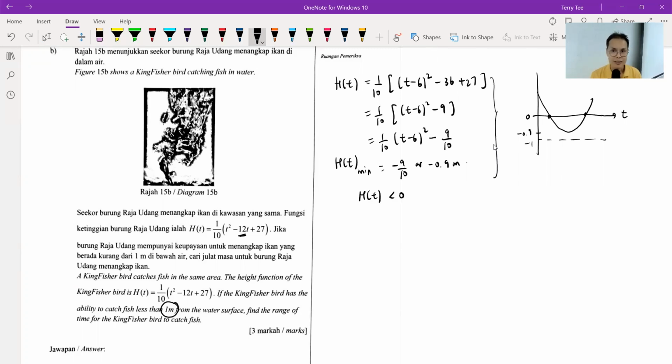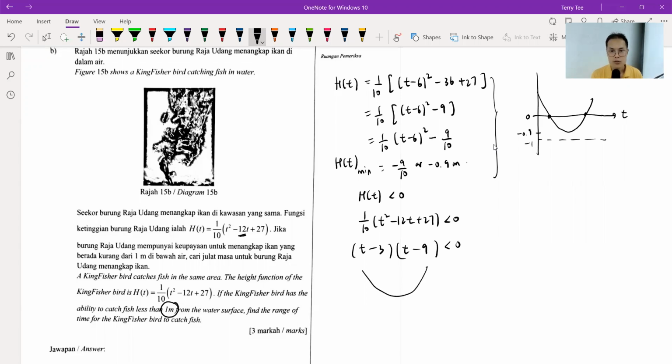So for me to double check and prove it, but you don't have to do that, we can just take 1/10 t squared minus 12t plus 27, and make it less than 0. The 1/10 doesn't matter. When you multiply over, it's still 0. We can just factorize the rest. This is (t minus 3)(t minus 9).